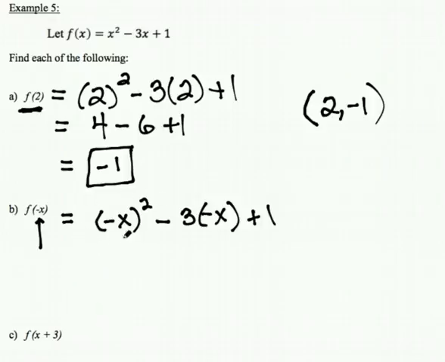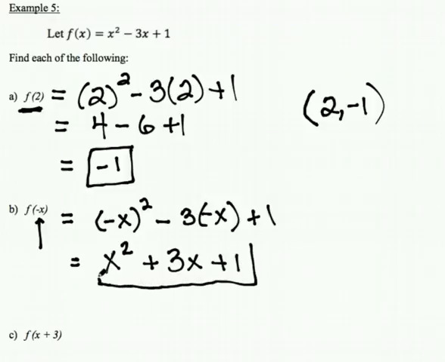Remember, this is where people make a mistake. A negative squared gives us a positive, so I have positive x squared. A negative 3 times a negative x is a positive 3x. And then I have plus 1. So when I plug in negative x, it gives me x squared plus 3x plus 1.